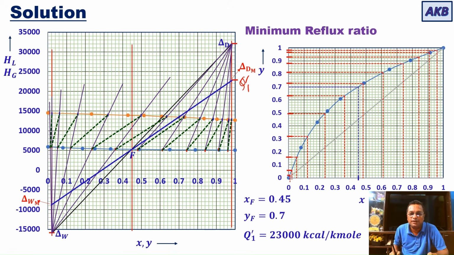That is the value that we read for this particular point. So we are going to use this value of Q1 dash for finding the minimum reflux ratio.